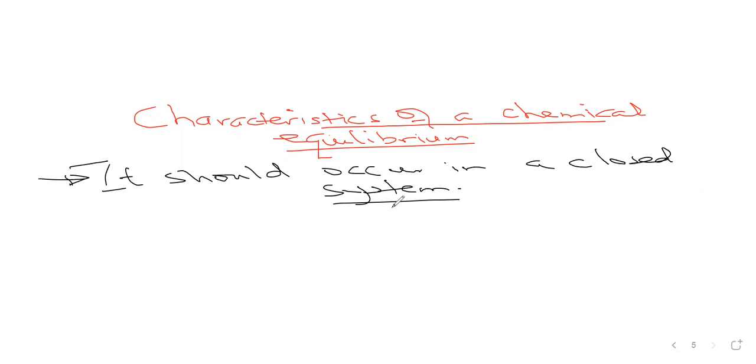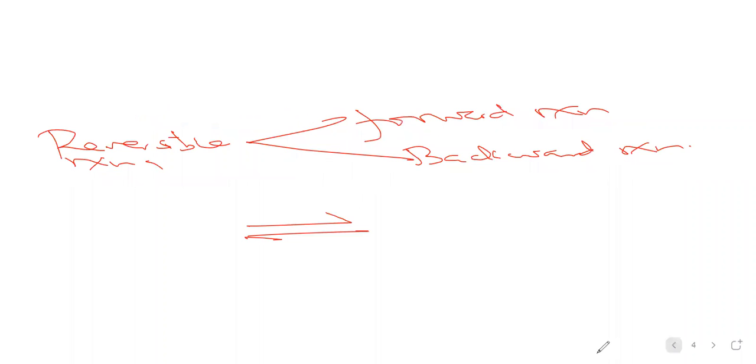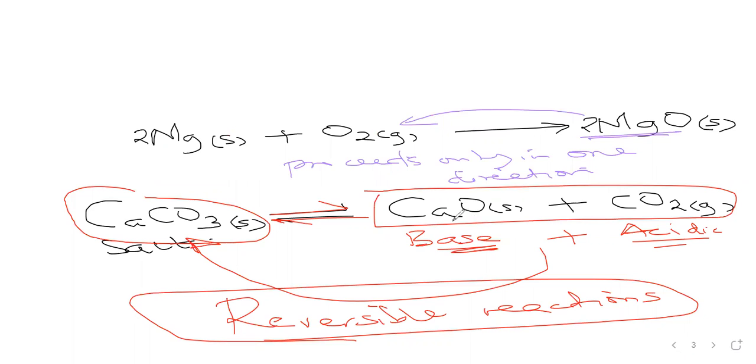When we say it should occur in a closed system, we do mean that you shouldn't have the reaction in which the chemical equilibrium is involved occurring in the open. Why? There are so many interferences. For example, I've just looked at this reaction. If I allow this reaction to occur in the open, there could be a tendency of the carbon dioxide reacting with the water vapor from the atmosphere.